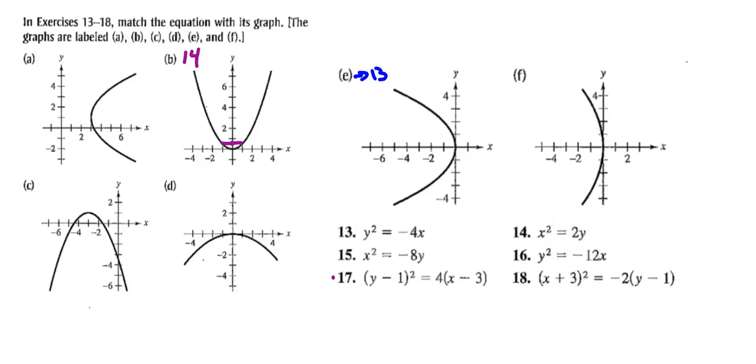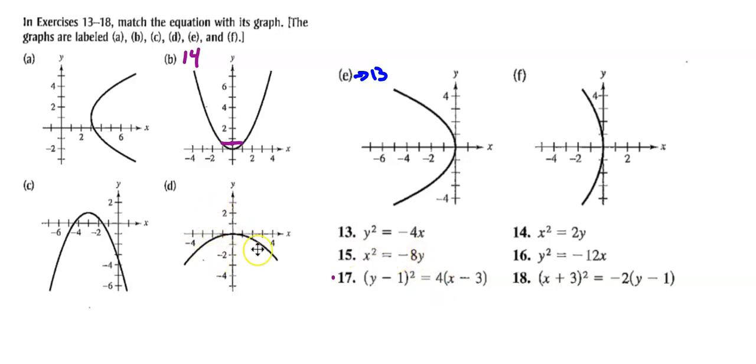Let's look at number 15. So for number 15, once again, the x squared term tells me it opens upwards or downwards, not left or right. The coefficient right here in front of the y is negative. There's nothing being subtracted or added to the x and y values like we've got going on in number 17. So that tells me that the vertex is at the origin. You're subtracting 0 from it. So I've got something opening downward, and it's at the origin.